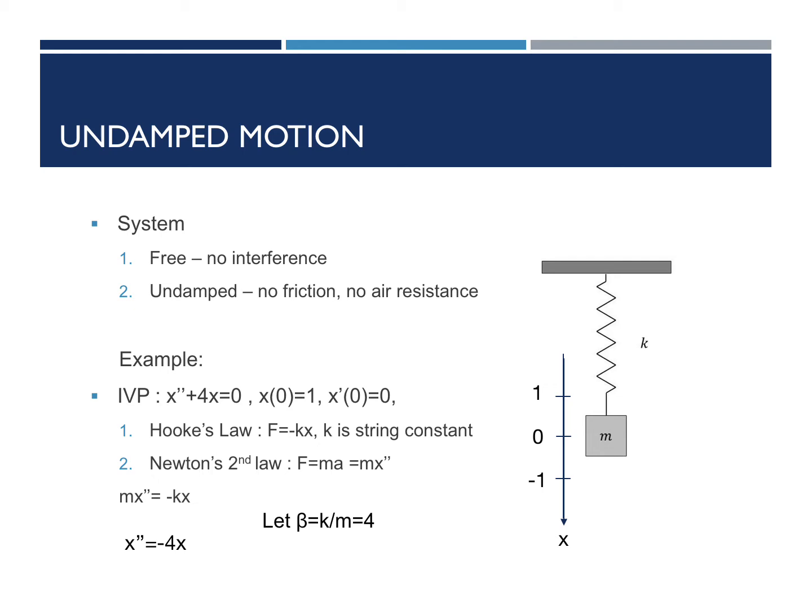So we get the equation x double prime equals minus 4x. We can see that the force the spring exerts is proportional to how far you pull away, and it always pulls back in the opposite direction.